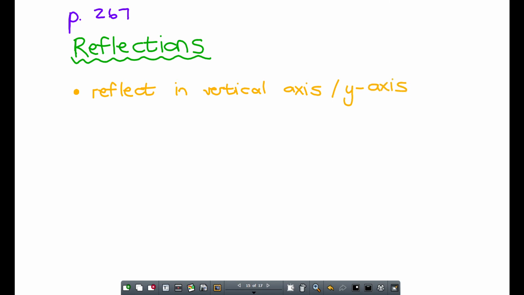Then option two, leave a few lines open there because I'm going to fill something in there as well. Option two is to reflect in the horizontal axis. And the horizontal axis we also call the x-axis.